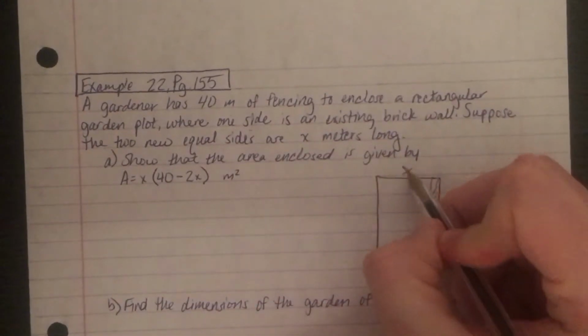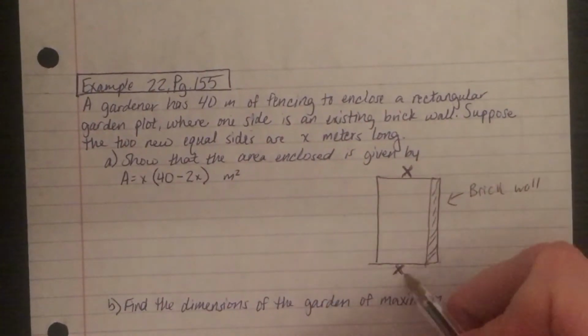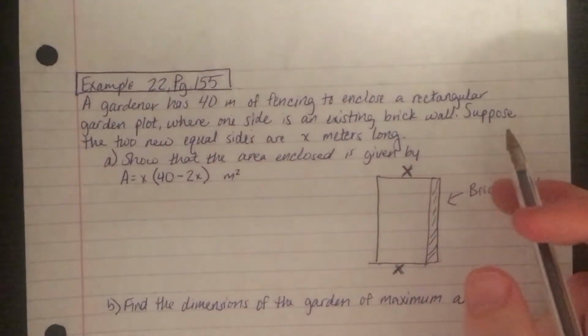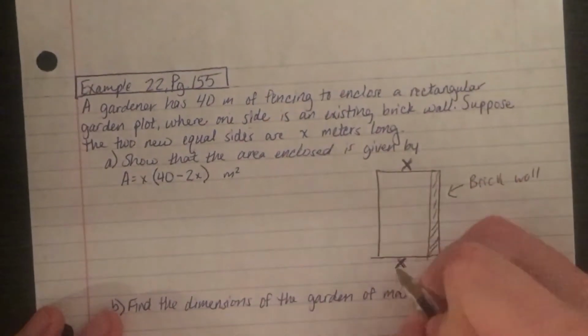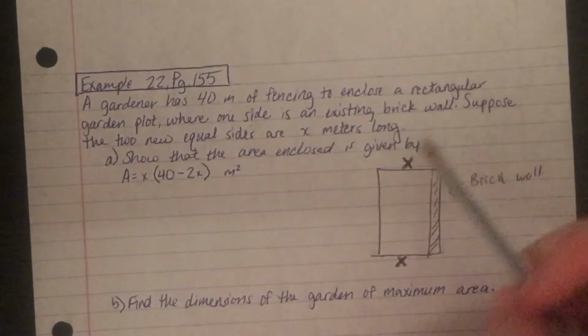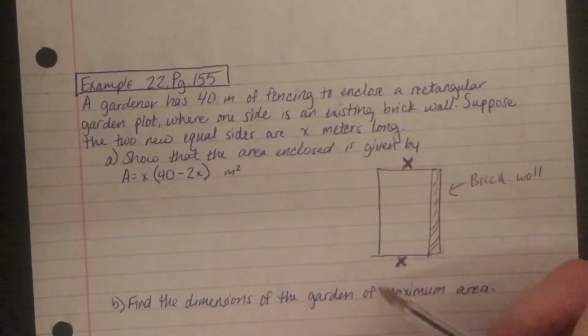We don't know how far, but it is going to be a rectangle, and these are going to be x. Since it's a rectangle, this is going to be the same measurement as this. And we know we can use 40 meters of fencing here.